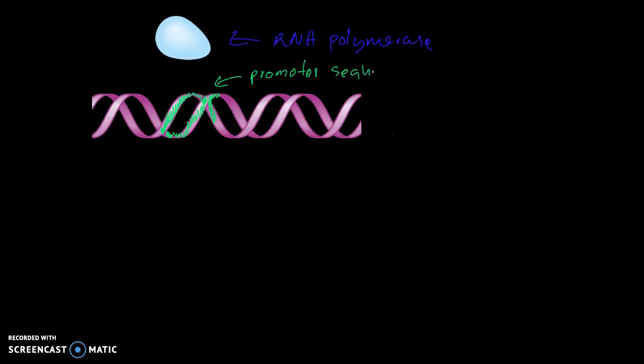What the promoter sequence is, it is the location by which a gene is identified. In other words, every single gene that exists will have its own promoter sequence, where the enzyme, RNA polymerase, is going to bind in order to initiate transcription. So in this first step, the RNA polymerase, the enzyme, is going to look for and recognize this promoter sequence, and bind to it.